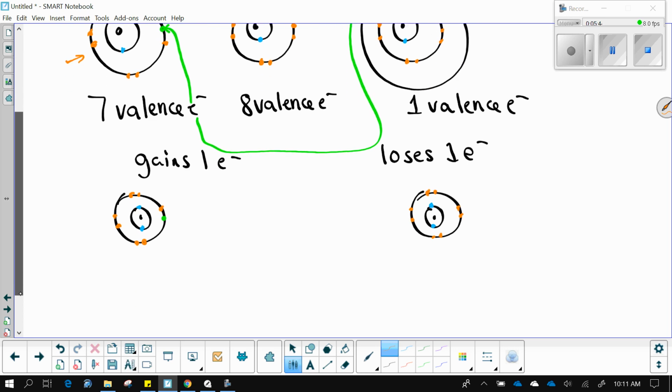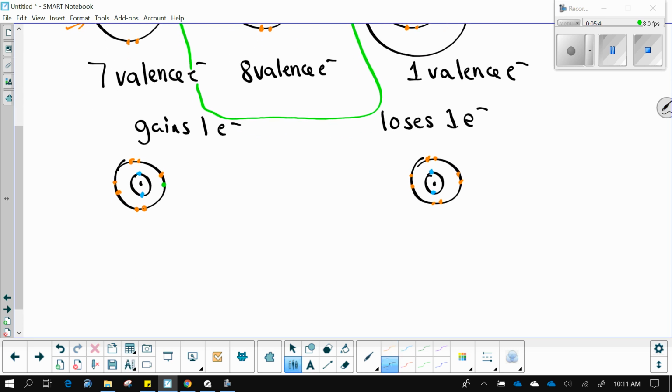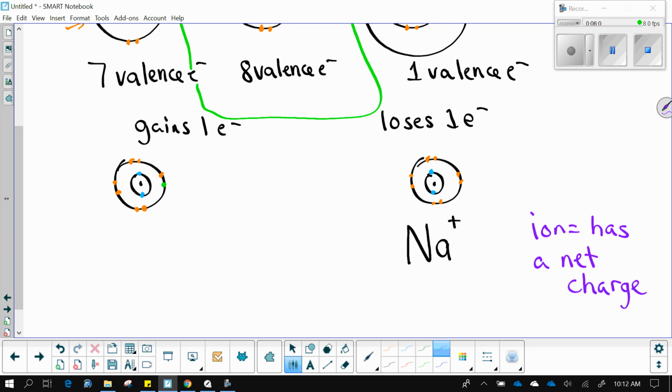We still have fluorine, we still have sodium, but now sodium becomes a positively charged ion. An ion is anything that has a net charge. Sodium has lost an electron.